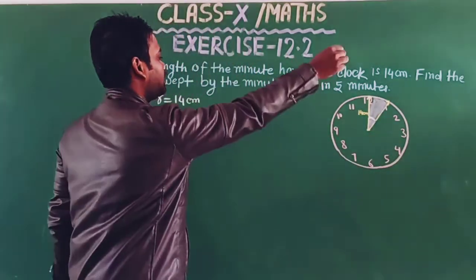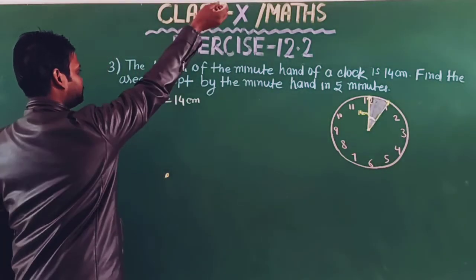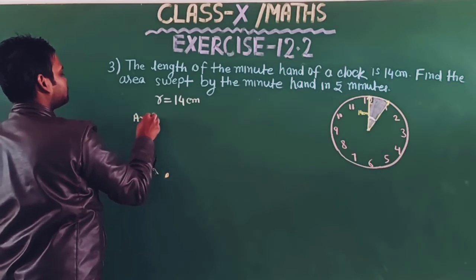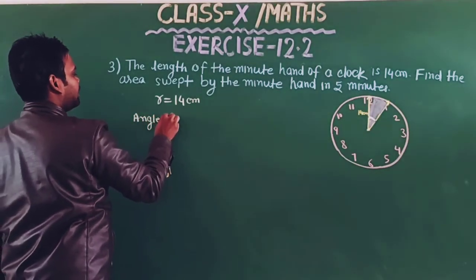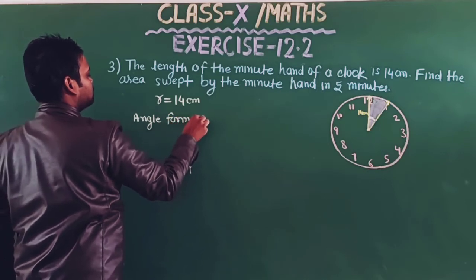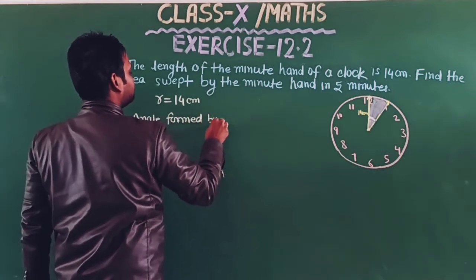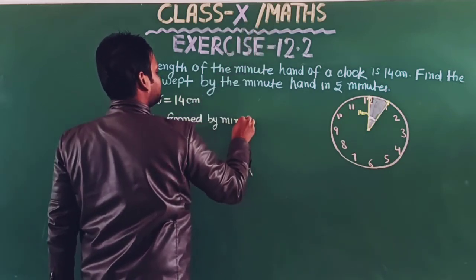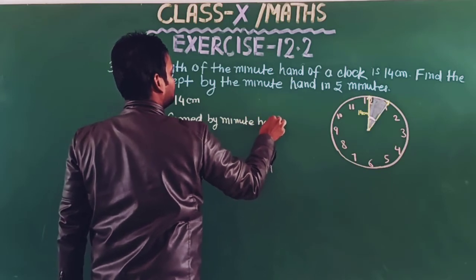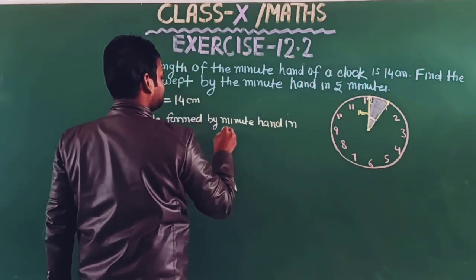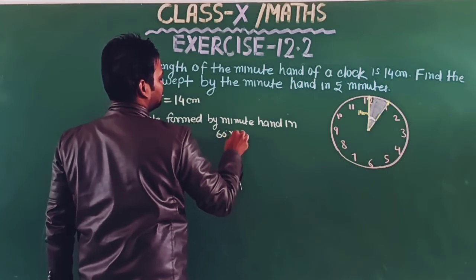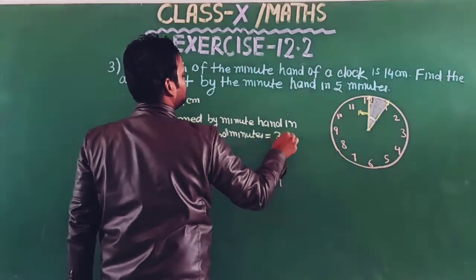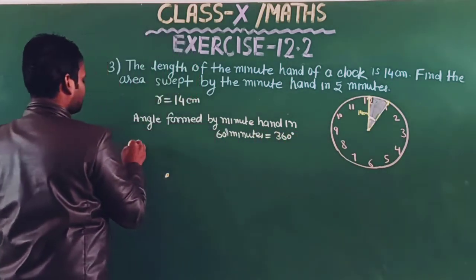So we can say the angle formed by the minute hand in 60 minutes is equal to 360 degree.